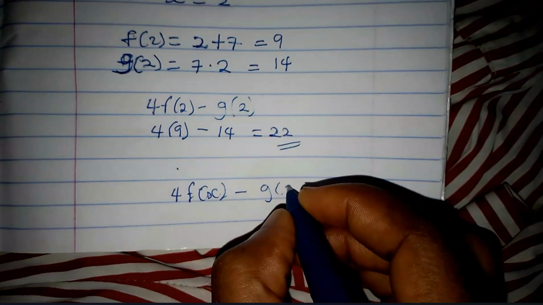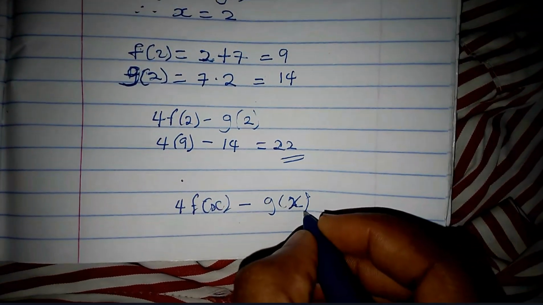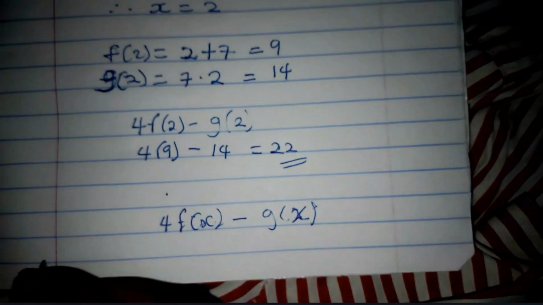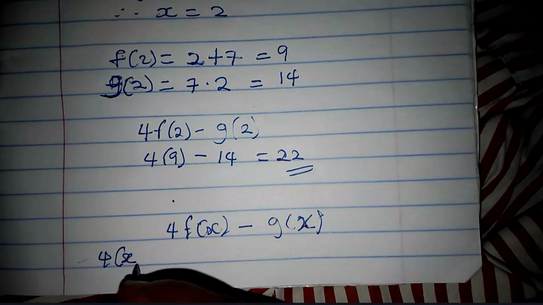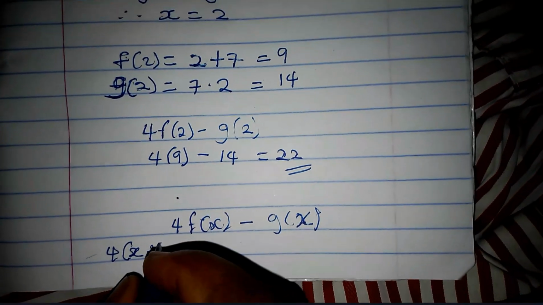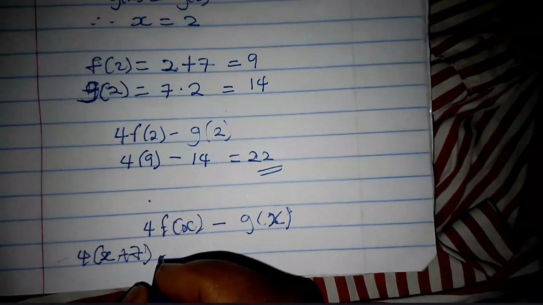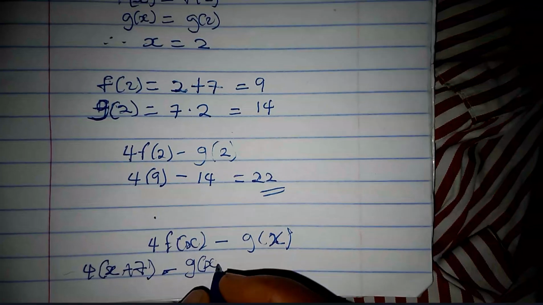Let's just assume that this is what they told us to find. What's our f(x)? We're given x plus 7 as f(x), so it boils down to simplification of an algebraic equation, right? So we have 4 times (x plus 7) minus g(x).